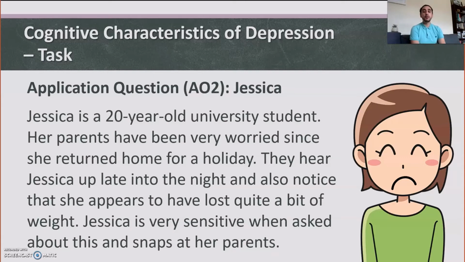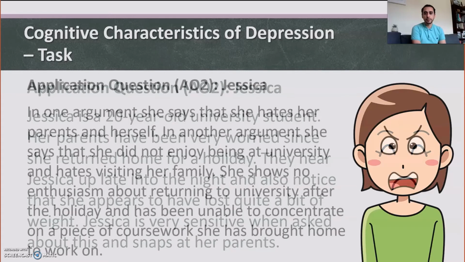Jessica is a 20-year-old university student. Her parents have been very worried since she returned home for a holiday from university. They hear Jessica up late into the night and also notice that she appears to have lost quite a bit of weight. Jessica is very sensitive when asked about this and snaps at her parents.